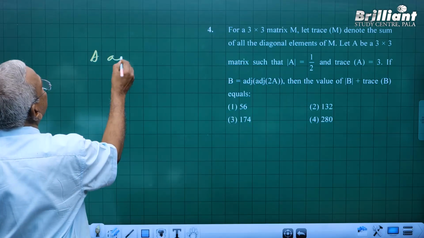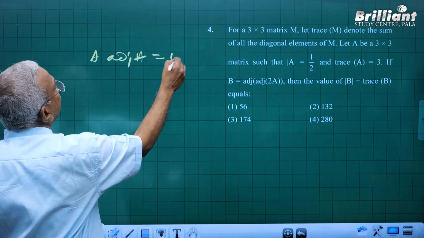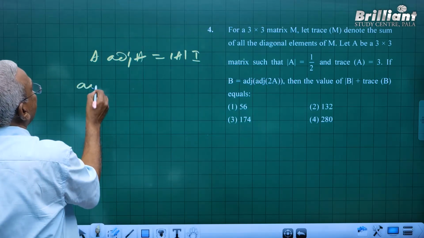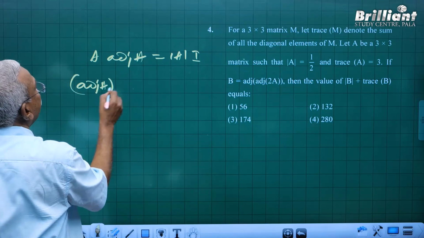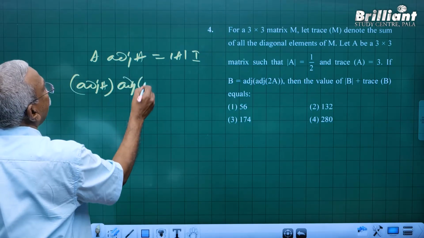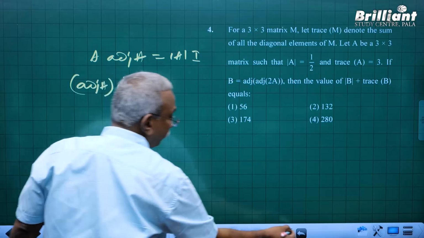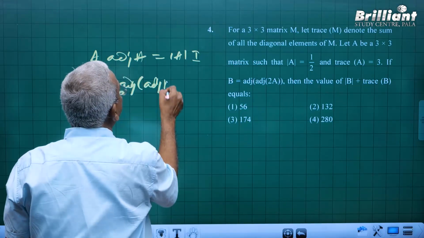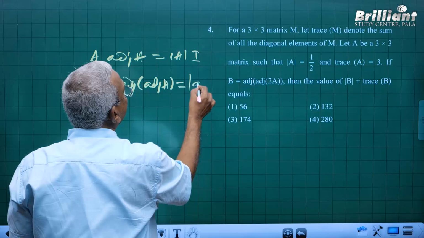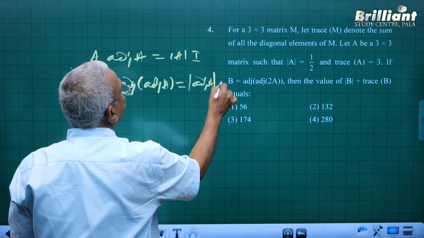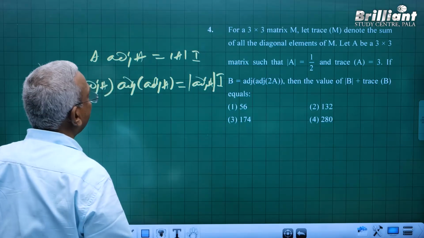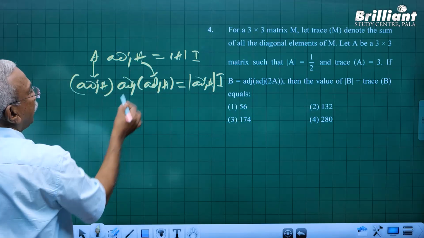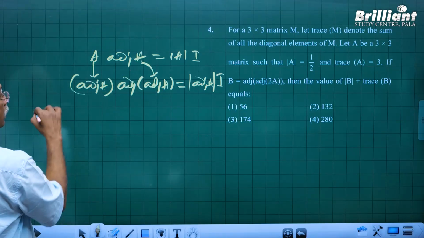A into adjoint A is determinant A into I. That means adjoint A into adjoint of adjoint A, I just replace A with adjoint A, is equal to determinant of adjoint A into I. Now, again I am multiplying with A on this side and that side.